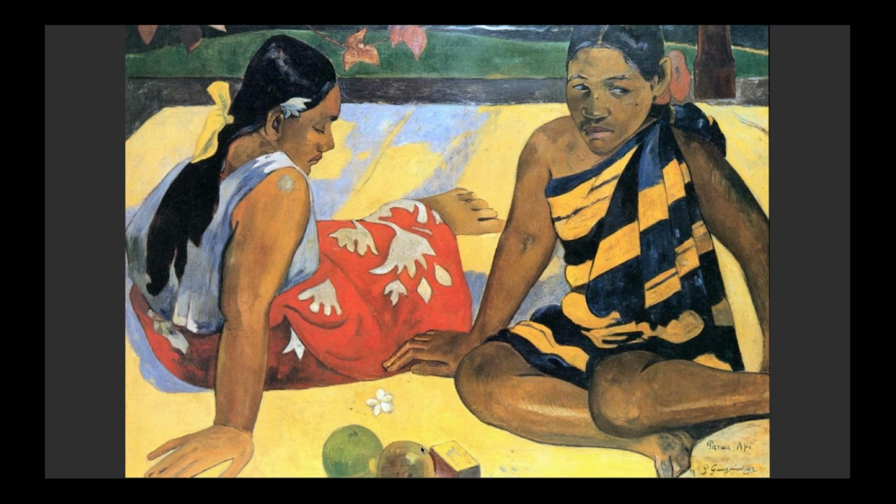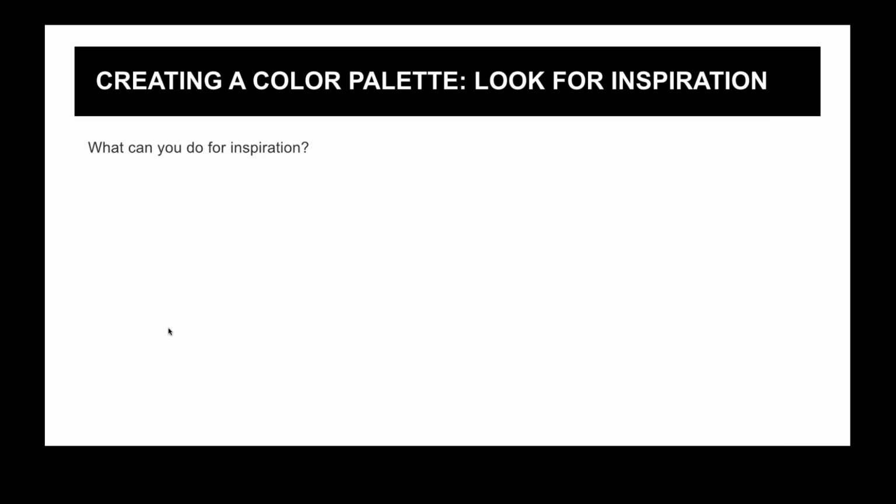There's like a complementary gradient in nature that really doesn't, typically gradients, if you go from one complement to another, it turns to mud. But mangoes don't do that. Anyway, what can you do for inspiration? Paint mangoes. What do you guys think?